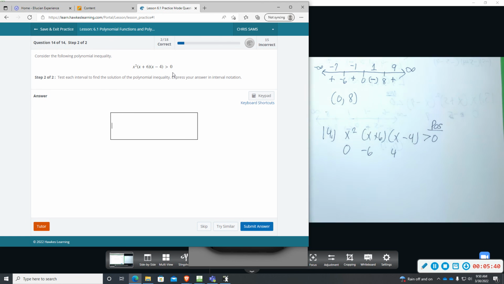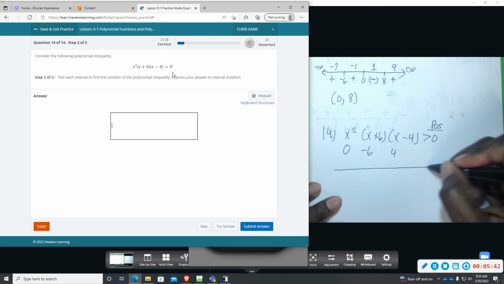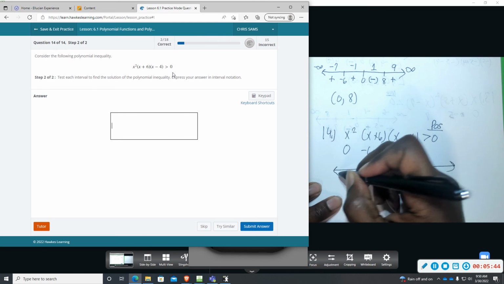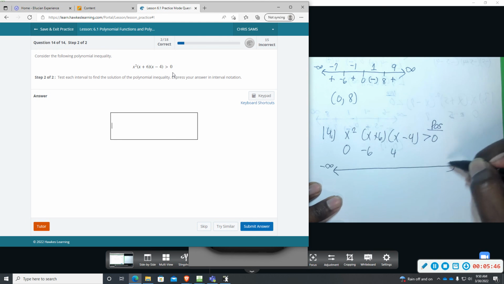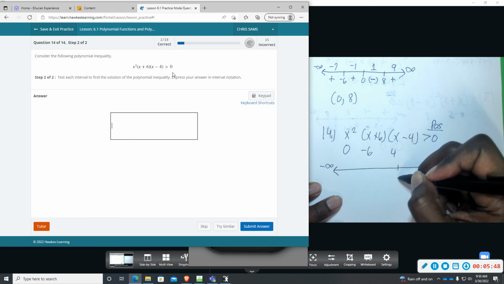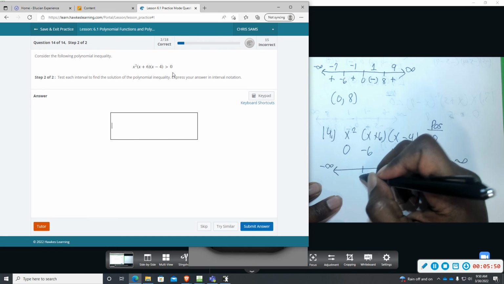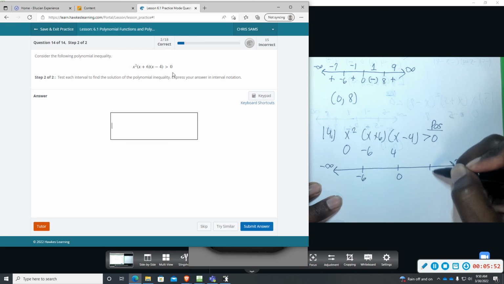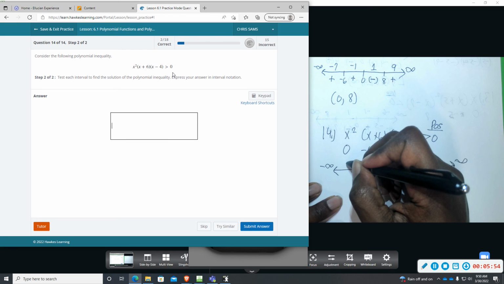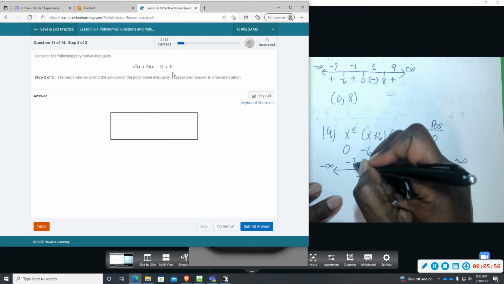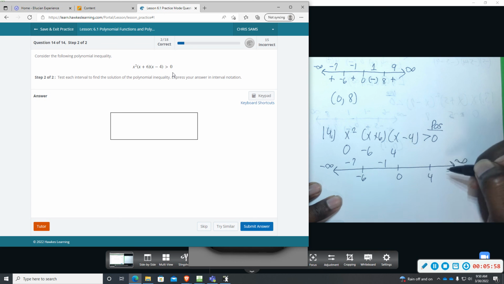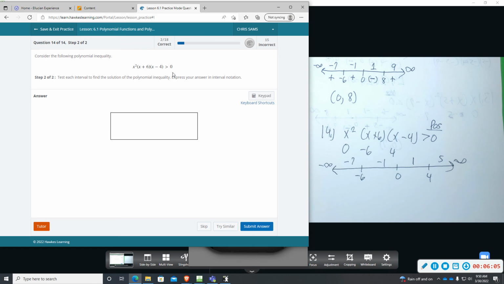So I'm going to do a number line and put these zeros on there: negative infinity, positive infinity, 0 in the middle, negative 6, and positive 4. I'll just test negative 7, negative 1, positive 1, and 5. And we're looking for positive ones.